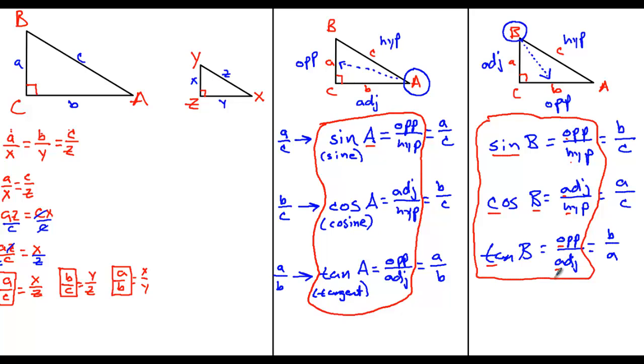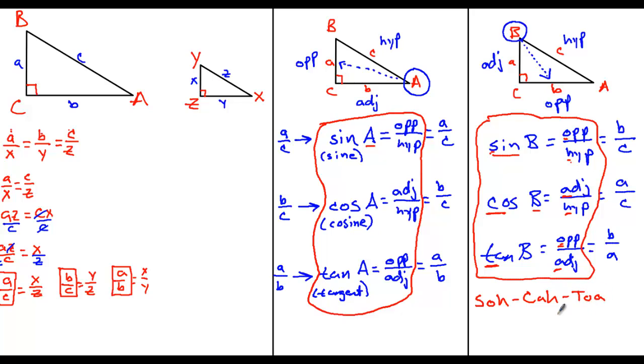One way that you may have heard to memorize this is to memorize the first letter of sine, opposite, and hypotenuse. So that's S-O-H, and the next one will be C-A-H, and the last one will be T-O-A.